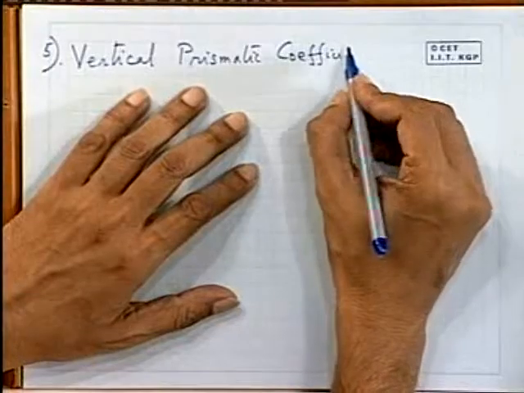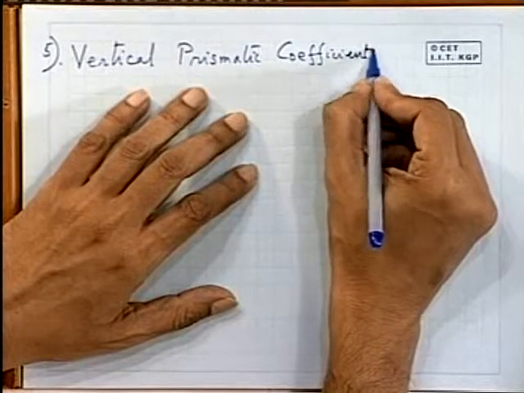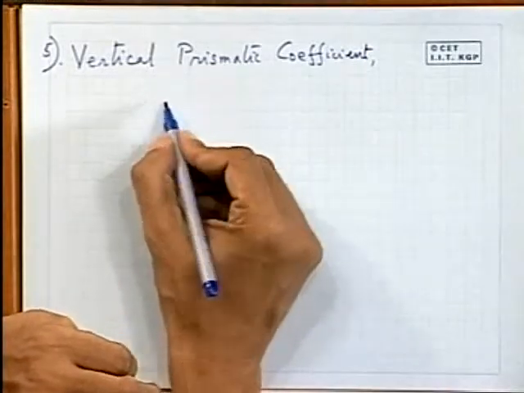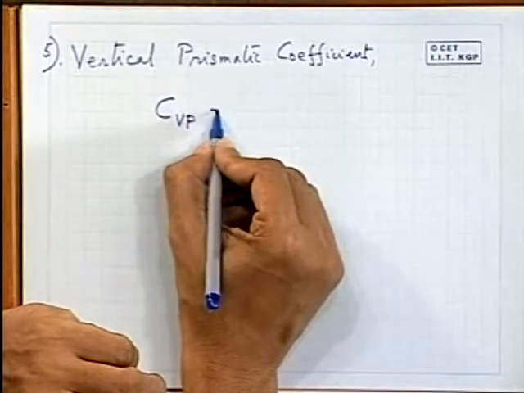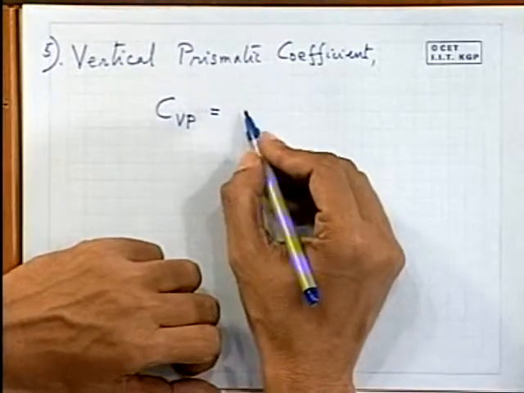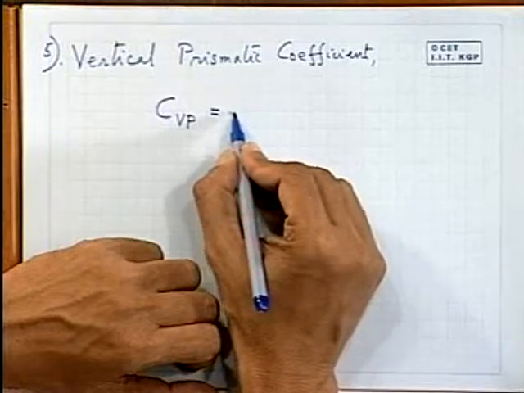So this is the longitudinal prismatic coefficient. Then you have the vertical prismatic coefficient. That is given in terms of a parameter called Cvp. So instead of taking the midship cross section area, you take the water plane area.